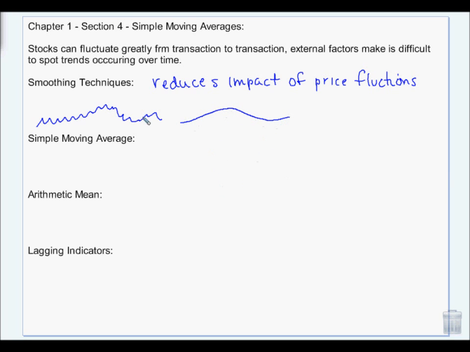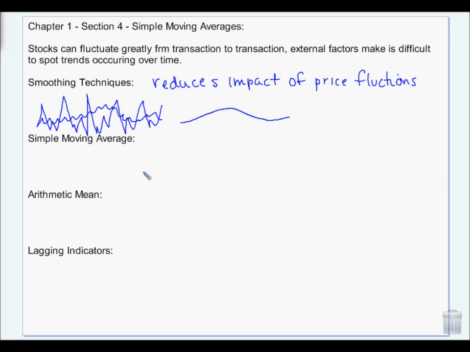This allows you to more easily see the pattern of the trends in the market, because you're not looking at a bunch of jagged lines, and sometimes they're really weird like this, and then you can't see the pattern as easily. So the smoothing technique will take these really weird jagged lines and make it a nice curve that you could see.